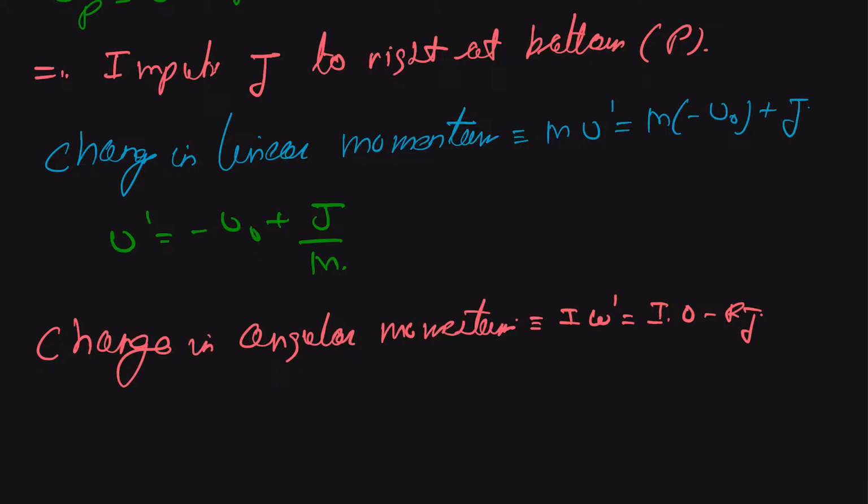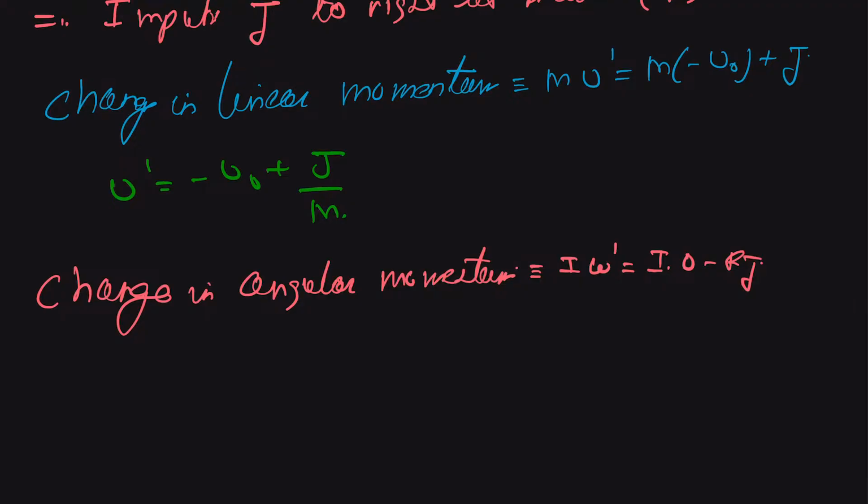So from here we get that omega prime will be equal to minus rj upon I, and I we know is mr squared, so this comes as minus rj upon m r squared, square goes by r, therefore we get that omega prime will be equal to minus j upon mr.